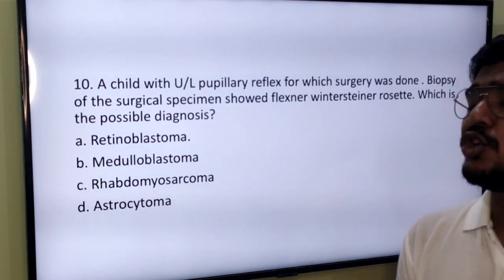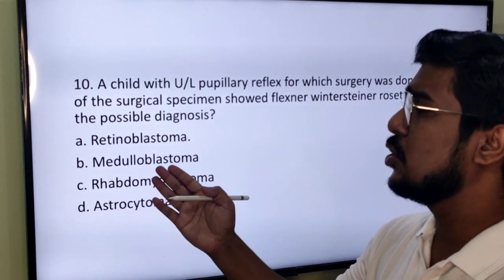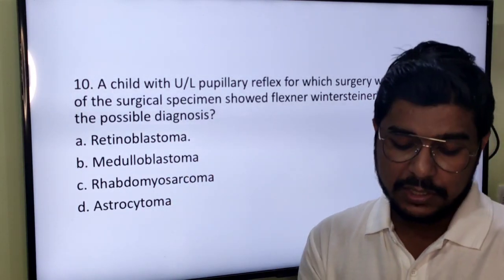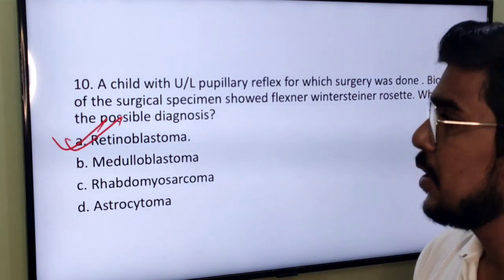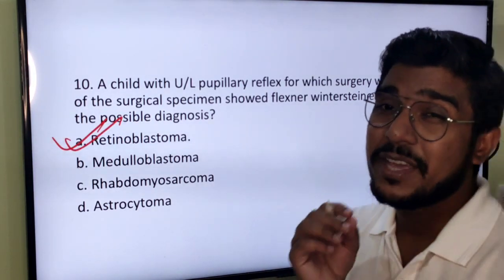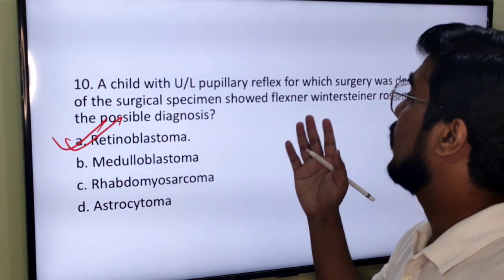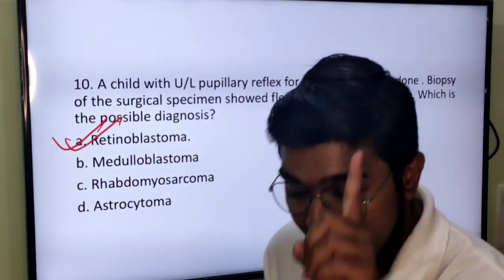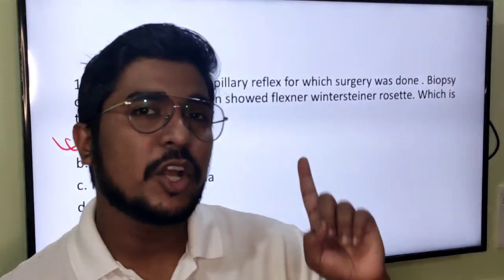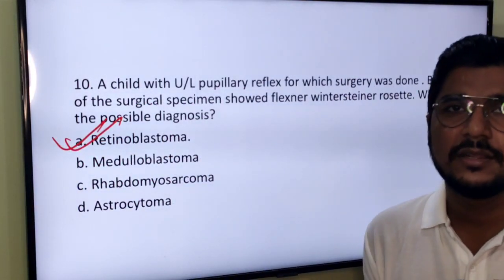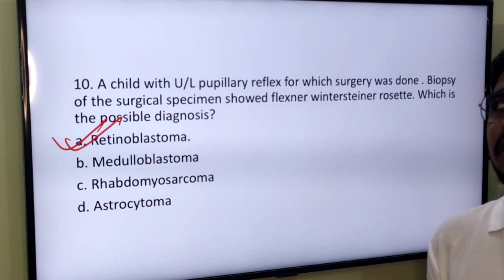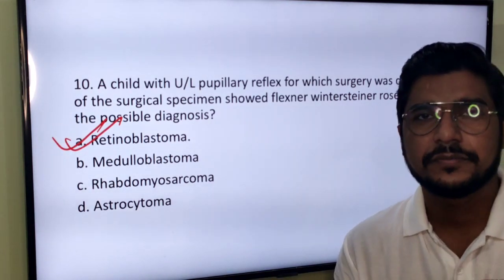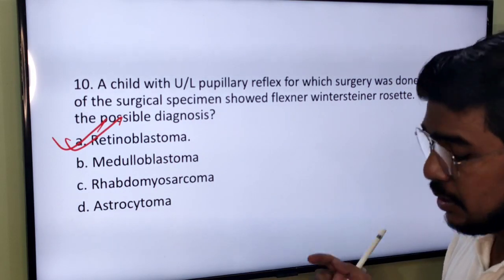So the most probable answer for this question: obviously it is also present in medulloblastoma, but the most probable answer is retinoblastoma. That's why retinoblastoma is very important. Homer Wright rosette, Flexner-Wintersteiner rosette or pseudorosette, all three are present in retinoblastoma, and that's why you have to mark it, because you have to mark the commonest thing, unless the question is pointing towards the specific thing. So the answer for this question is here.